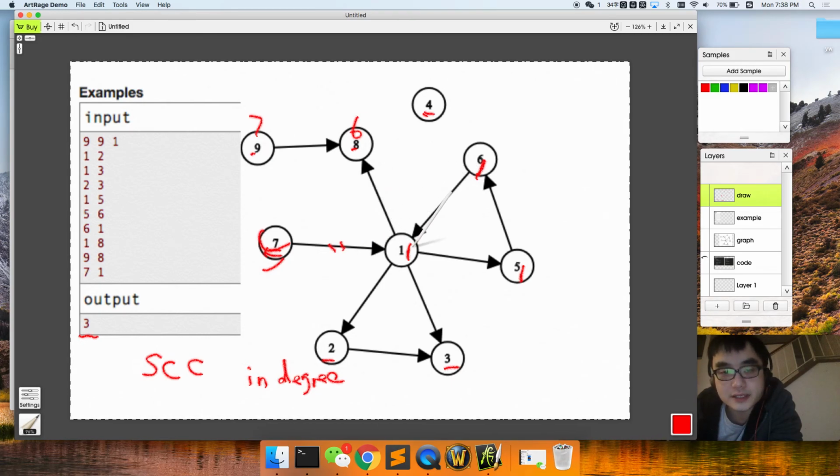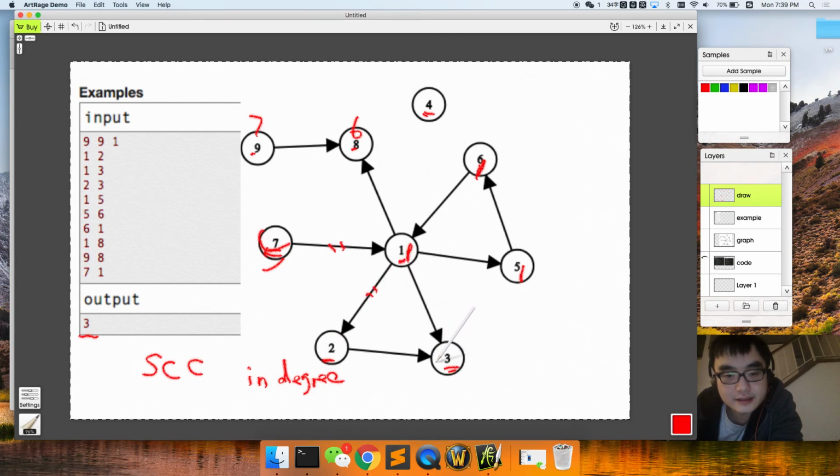So let's iterate each SCC, right? For this one, because this SCC is SCC1, it is the starting point. This SCC contains the starting point, node 1, right? So it automatically has in degree. And let's iterate to SCC2. So this guy also has in degree.